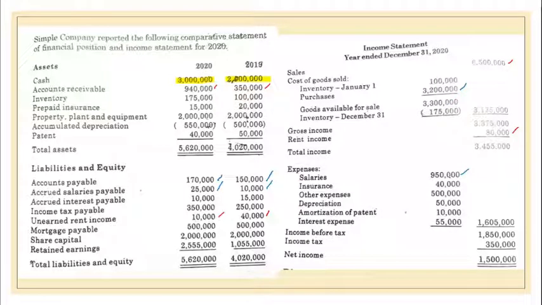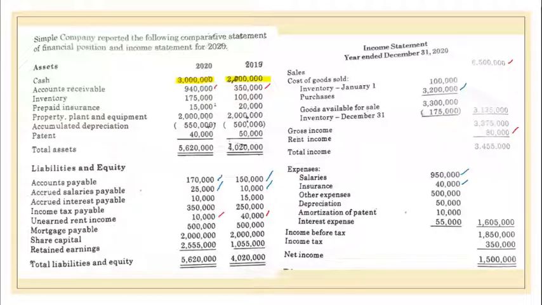So, meaning, out of this 950, the cash actually disbursed is less that increase of 15. So, the cash disbursed for salaries is only 935,000.